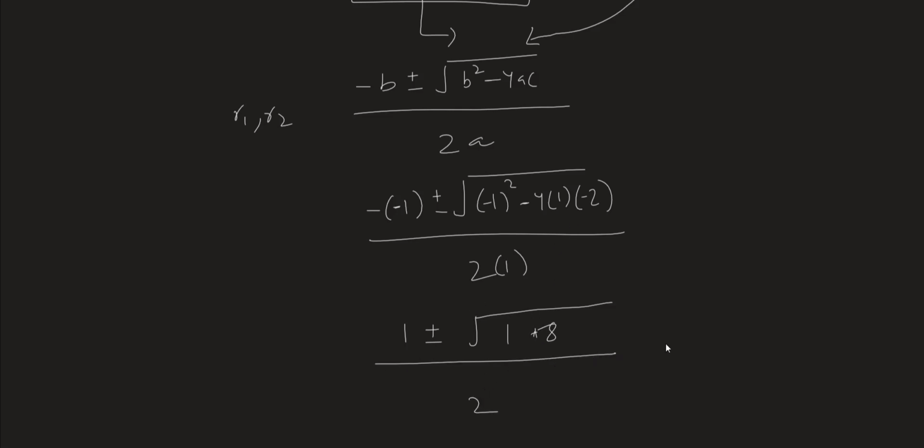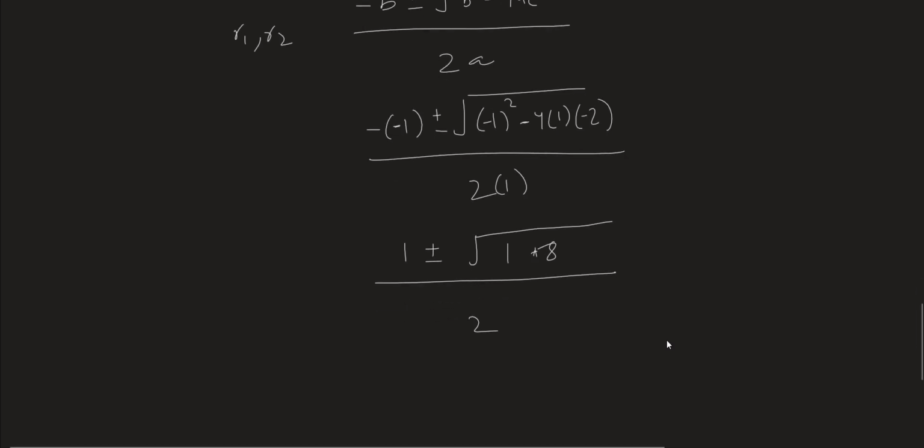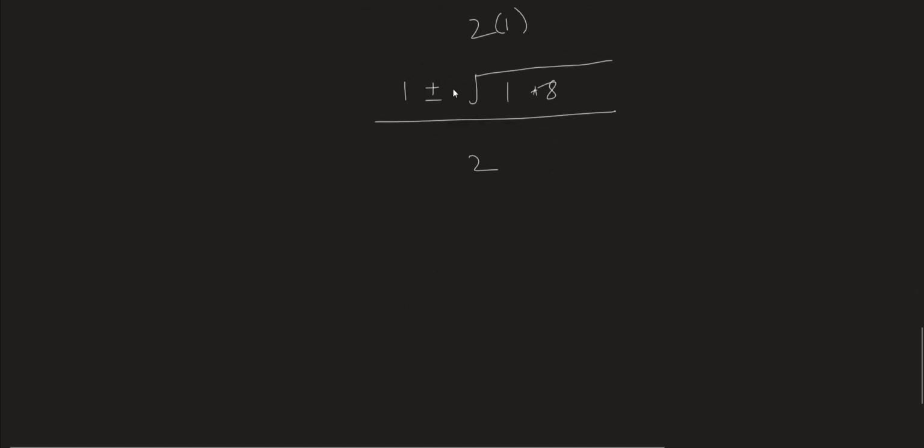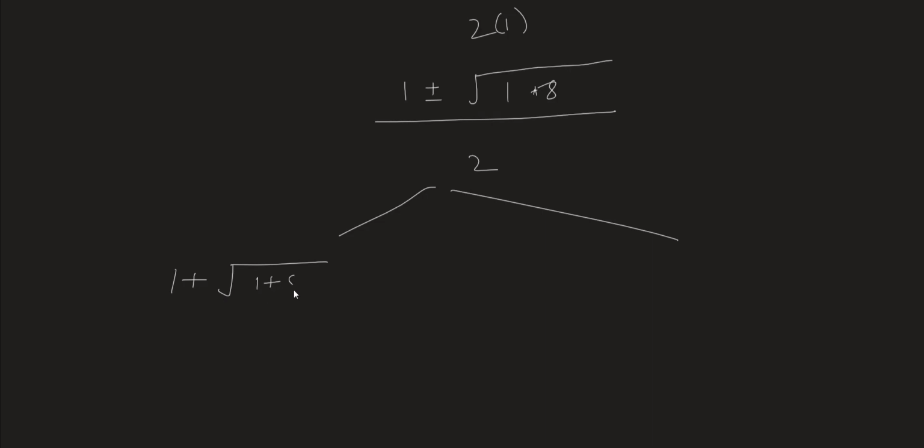So this will give us two roots. One is the one with plus, and the other one is with minus. One is 1 plus root 8 by 2, and we'll call this r1, and the other one is 1 minus root 9 by 2.